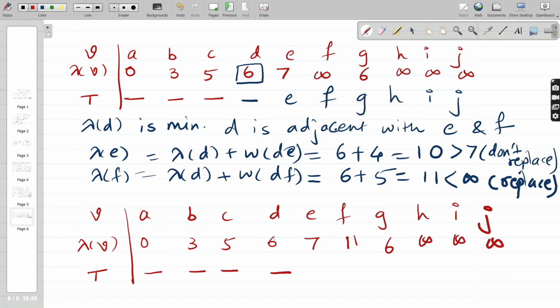Now, among the vertices, when you exclude A, B, C, D, you are left with E, F, G, H, I, J. So among those vertices, lambda G is minimum. Okay, so you are left with E, F, H, I, J. Now, among these, G is adjacent with which vertices, that we want to see now.